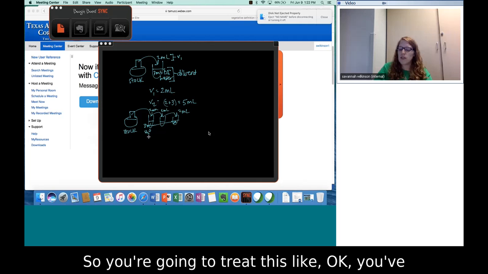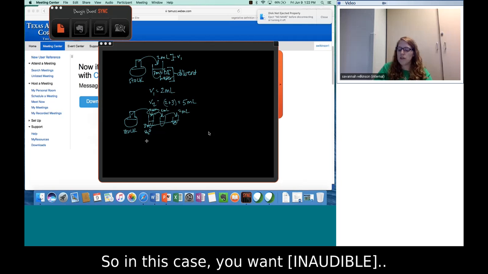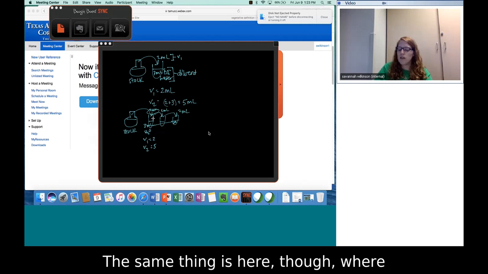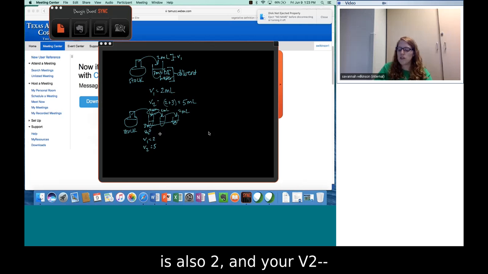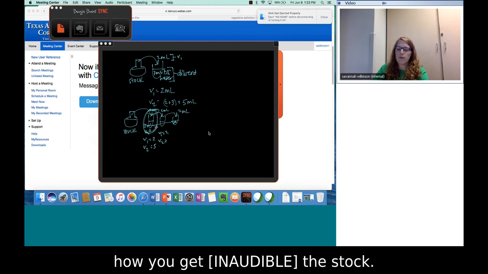You're going to treat this like, okay, you got your V1 here, and then your V2 there. So in this case, V1 is 2, V2 is 5. The same thing is here, where the volume of the first one that you're transferring is also 2. You're treating this one like the initial volume, kind of like how you did with the stock.